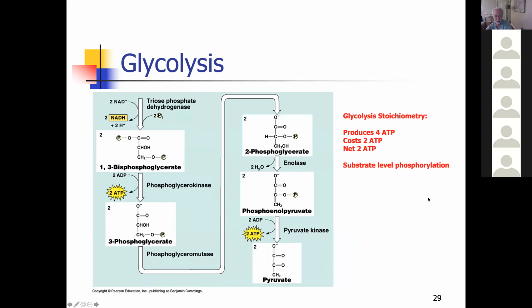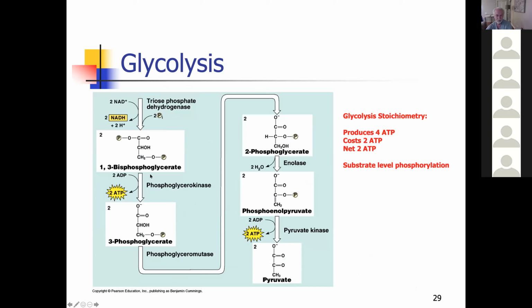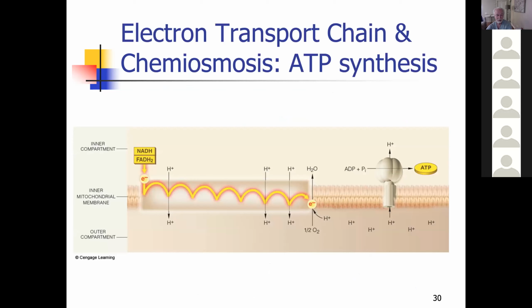These next 2 slides are the 9 steps of glycolysis, where at first you consume 2 ATPs, and later you get 4, for a net of 2 by stoichiometry, and they're all from substrate level phosphorylation. And finally, just another look at electron transport and chemiosmosis within the inner mitochondrial membrane. We've gone over the details of this.